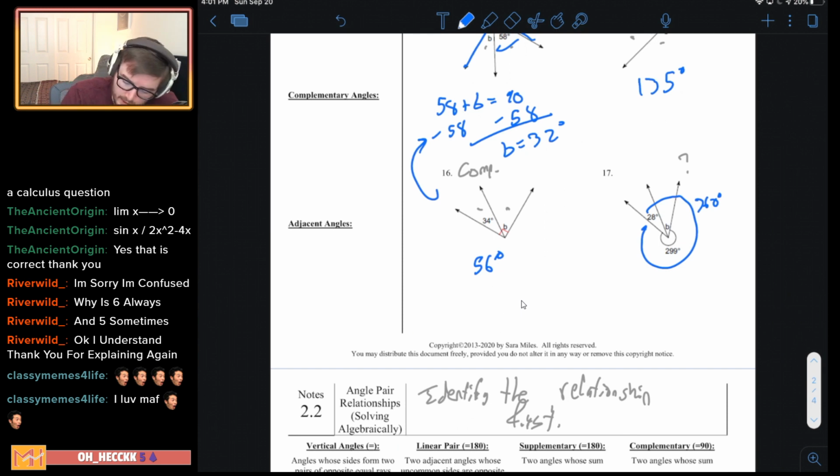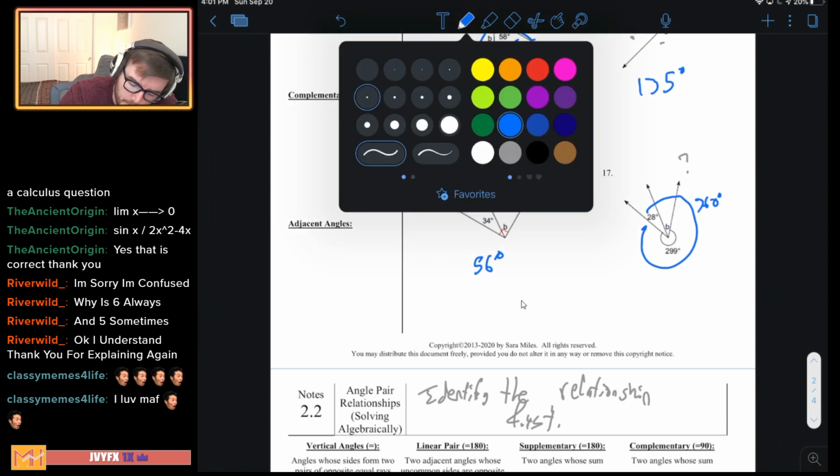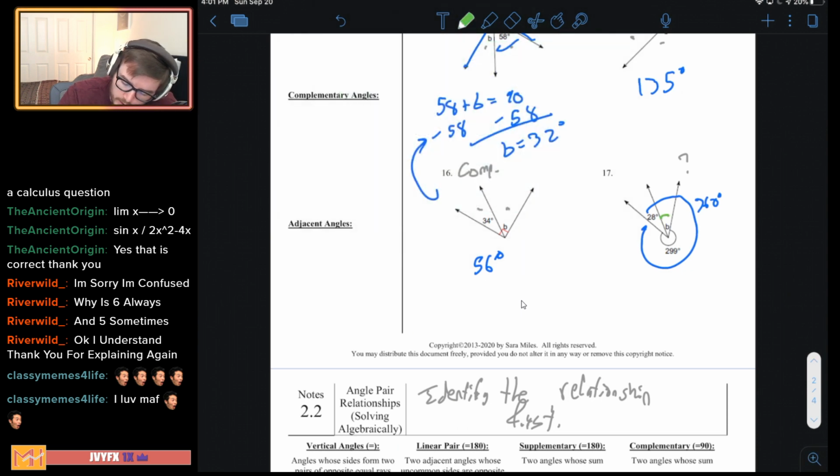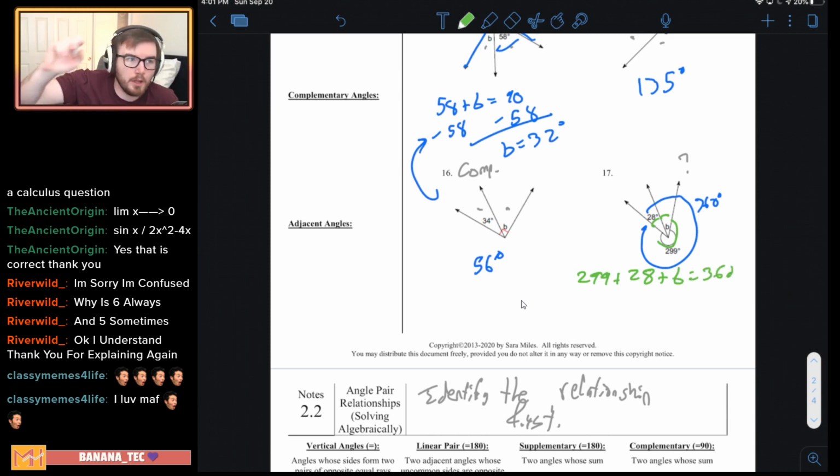So what I'm saying is, what am I writing? If I combine all three of these angles, and by combine I mean add 299 and the 28 and the B, that should give me a whole 360.